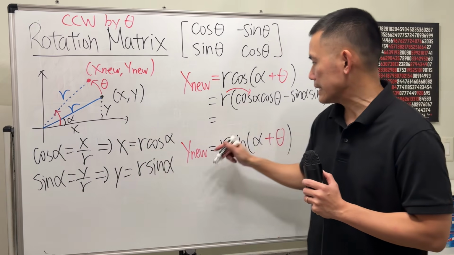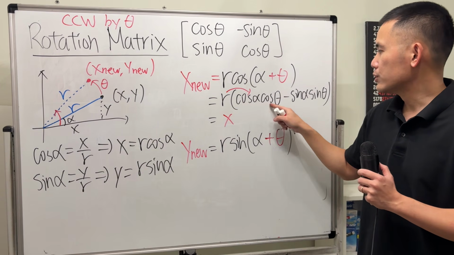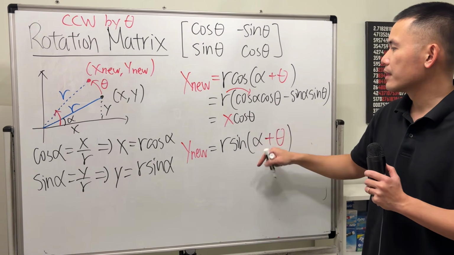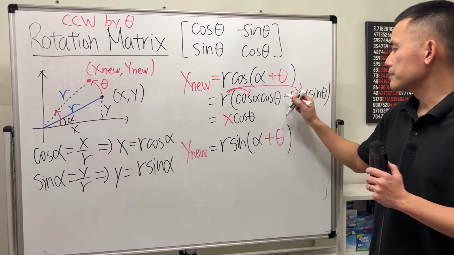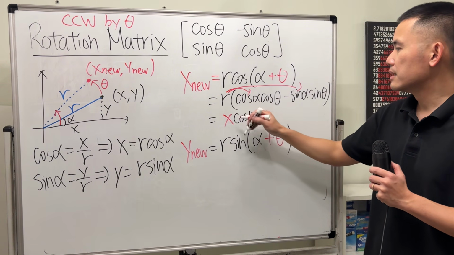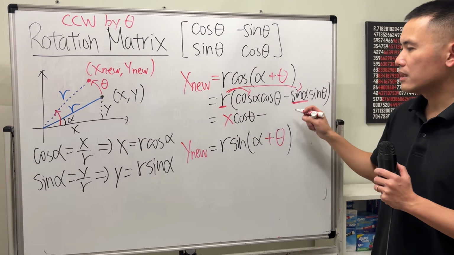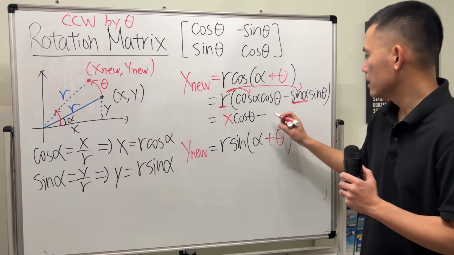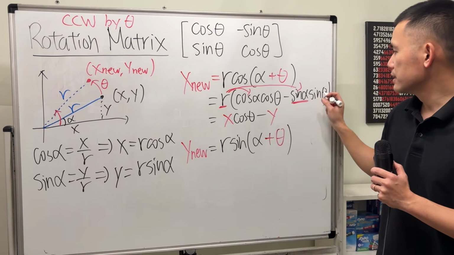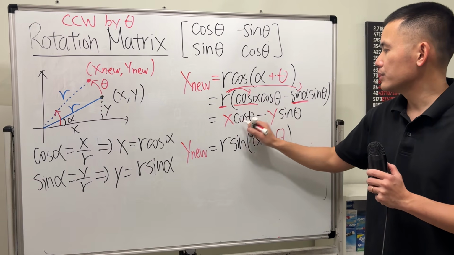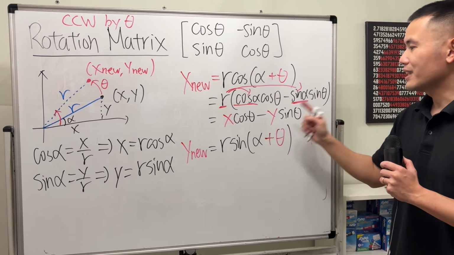That is the x. And then we still have this part we don't have to distribute, is the cosine theta. And then distribute this to here. We get minus, if you pair r with sine alpha, you get y. And then you have sine theta here. So r paired with this, you get this. R paired with that, you get that.